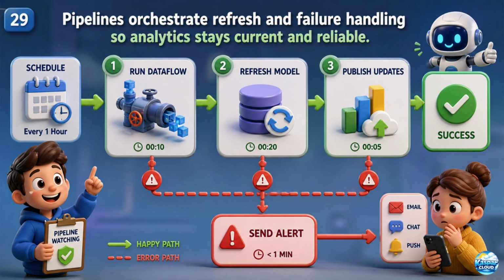This operational capability is important because analytics environments must remain current, reliable, and monitored. If refreshes fail silently, users may unknowingly make decisions based on outdated or incomplete information. Pipeline orchestration adds automation, governance, and operational discipline to the analytics lifecycle.